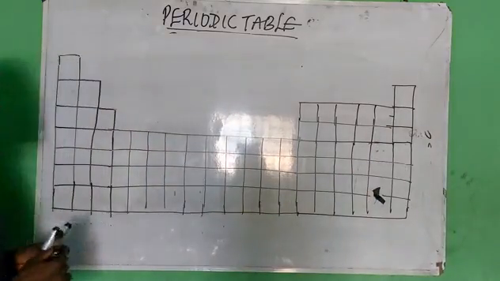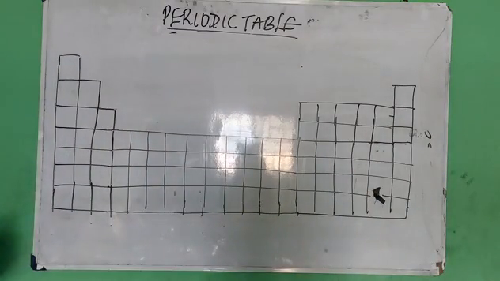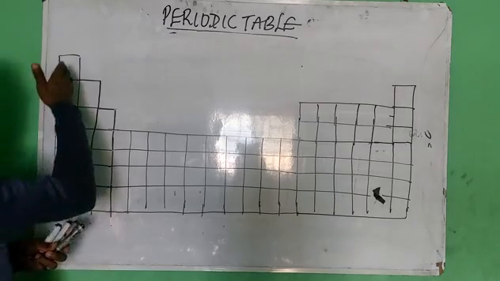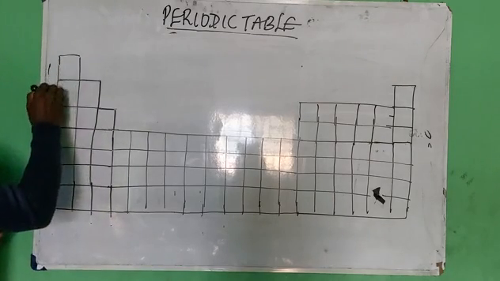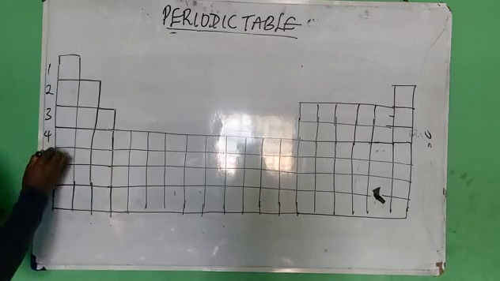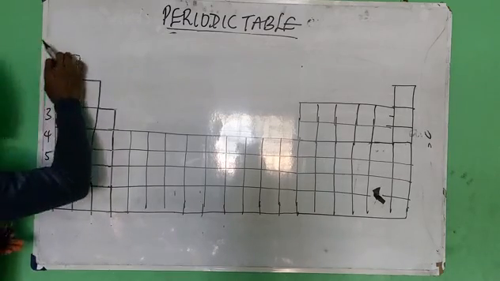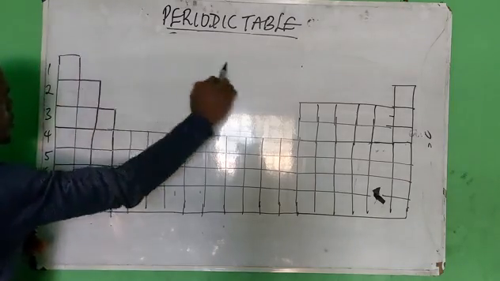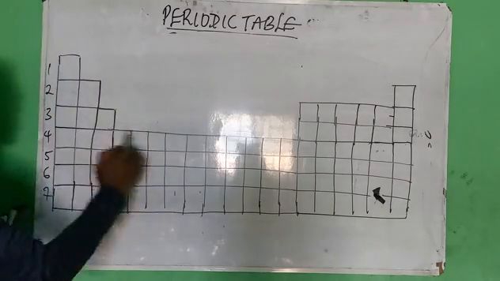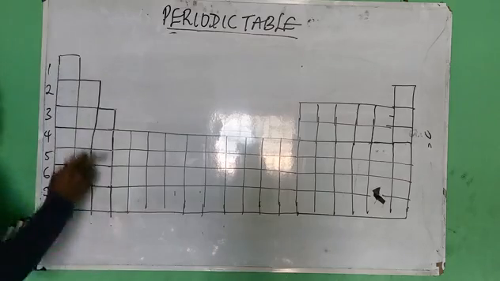All right. So what I have here is the full periodic table. Here you have 1, 2, 3, 4, 5, 6, 7. This connotes the period. The horizontal arrangement, you call it period. But the vertical is group.